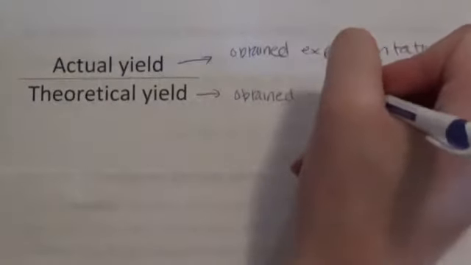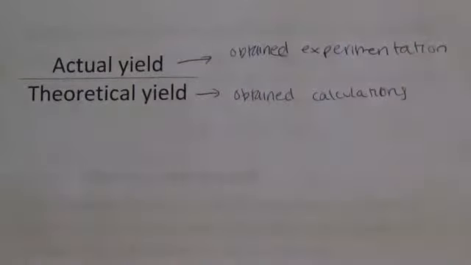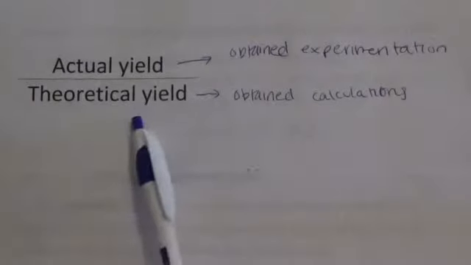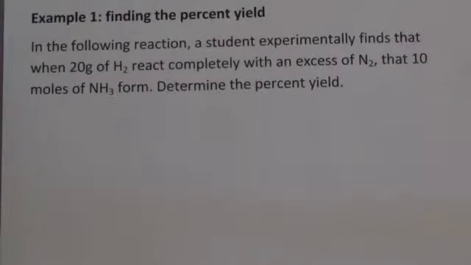So this is if everything goes correctly according to my stoichiometric calculations, with no error at all, this is the value that you should get. So it's going to be the actual yield, what you get in your experiment, real life, versus in a perfect world what you would get.